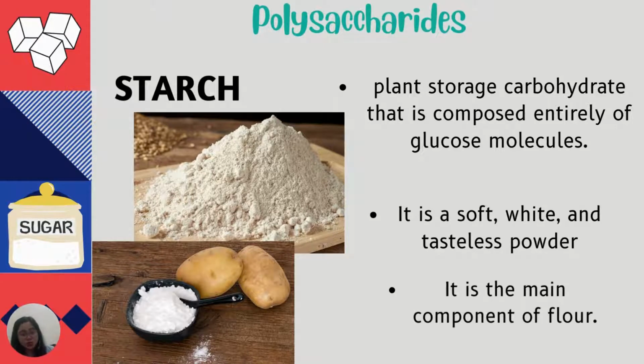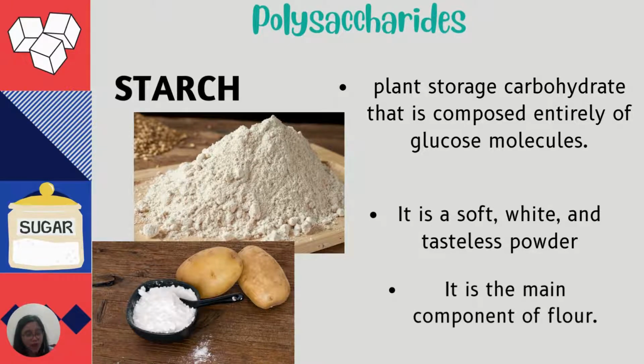It is a soft, white, and tasteless powder that is soluble in warm water but insoluble in cold water. It consists of long chains of glucose units. A starch molecule can contain as many as 200 glucose. So, imagine, ilan yun? Ang haba ng chains na yun na mafo-form ng 200 glucose molecules.